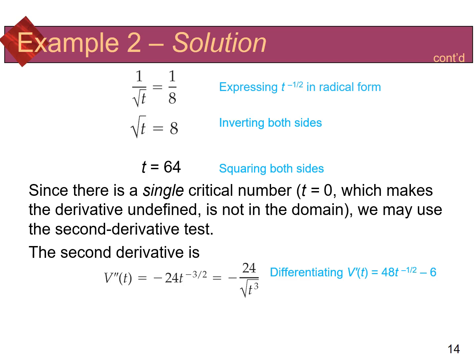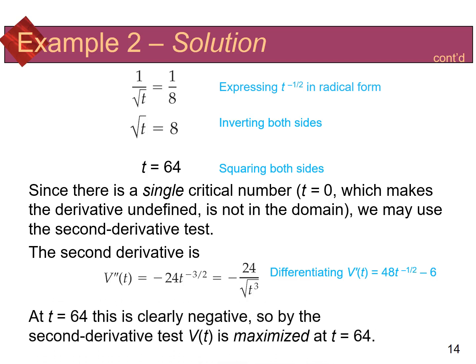This PowerPoint slide does not go over what the exact number would be, but as they make a statement here, if you plug 64 in for t and then cube it and then square root it, you're going to end up with basically 8 cubed, and that is a positive number. 24 is technically a positive number right now, but there is a negative sign in front of the fraction.